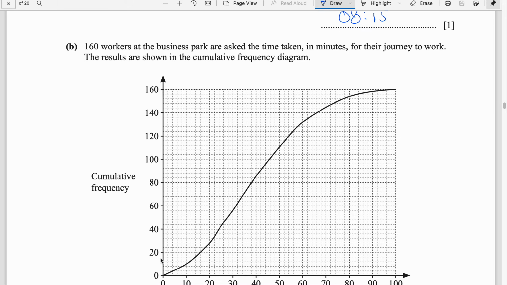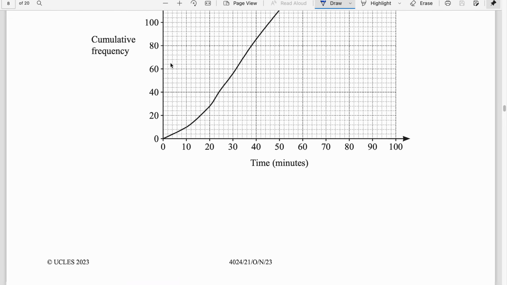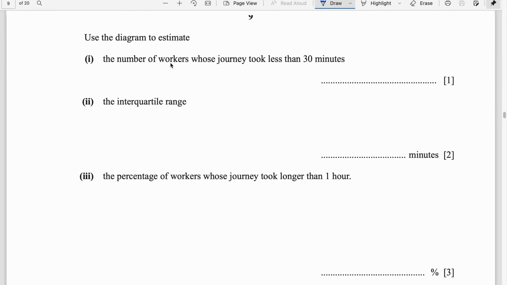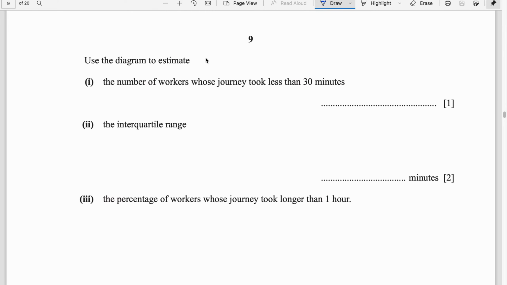B part. 160 workers at Business Park are asked the time taken in minutes for their journey to work. The results are shown in the cumulative frequency diagram. Use the diagram to estimate the number of workers whose journey took less than 30 minutes.